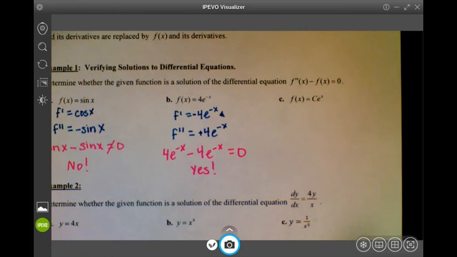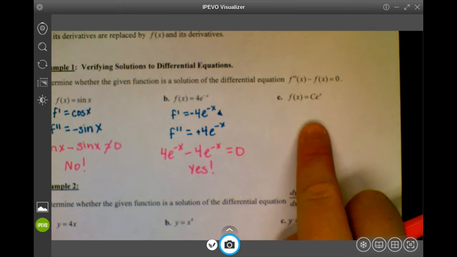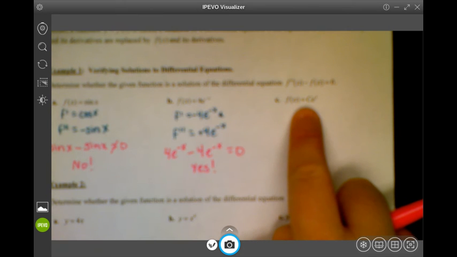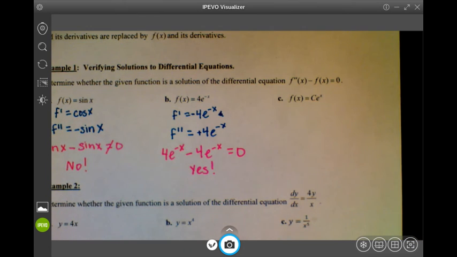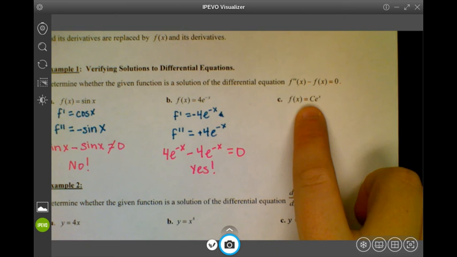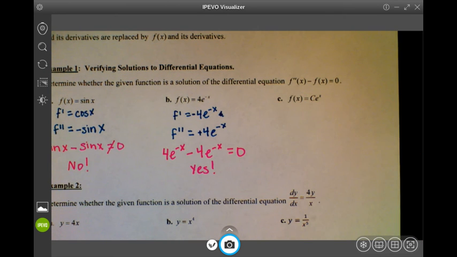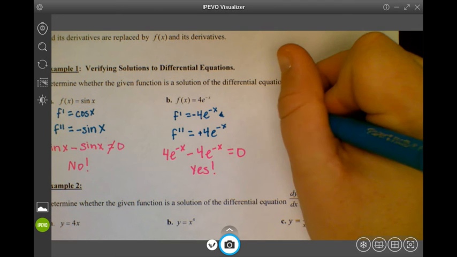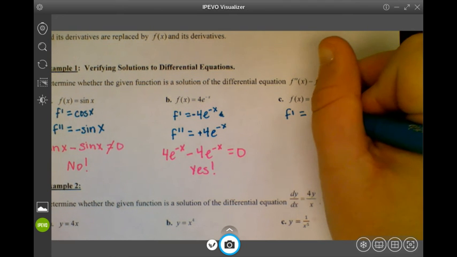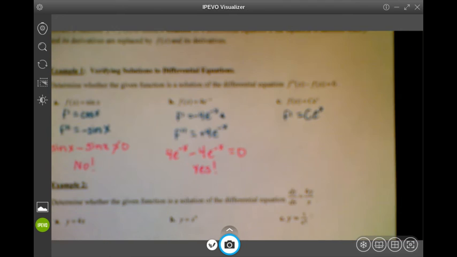All right, last one for this specific equation. If you notice there's a c in the front, that's essentially just a constant. It's being multiplied instead of being added, and that's okay. So we're just going to work with the c as a constant. The derivative of e to the x is just e to the x, so the first derivative would be c e to the x.